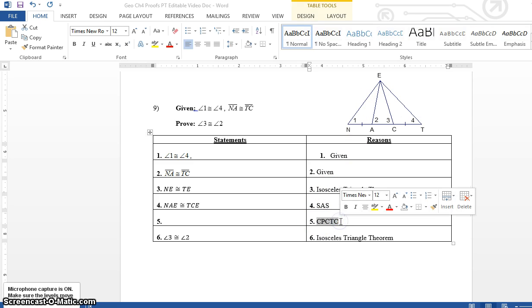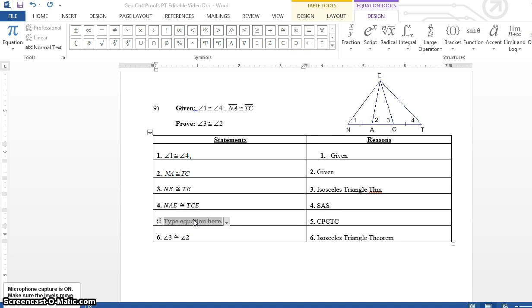Oh, that's what my CPCTC is trying to tell me, because since these triangles are congruent, these two lengths are corresponding congruent parts. That's what I need to prove congruent, so that I can prove that these two are base angles and are congruent to each other. So we can say AE is congruent to CE. And that's number 9. One and done.